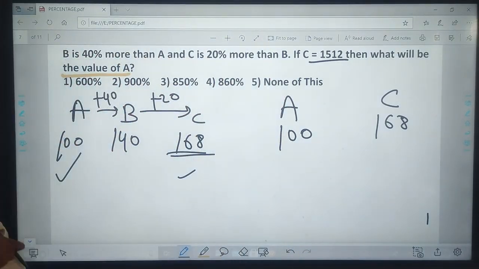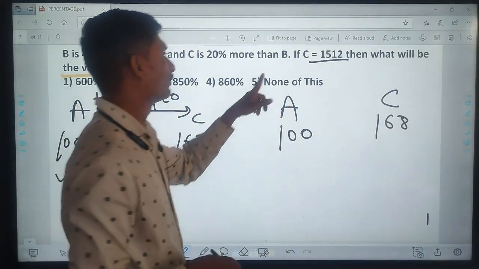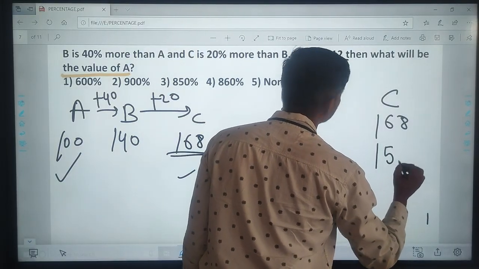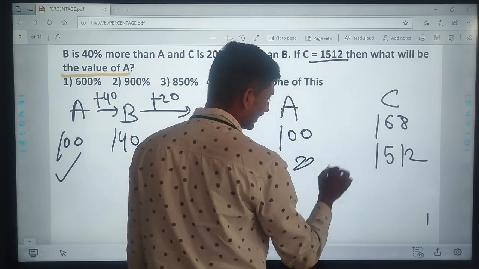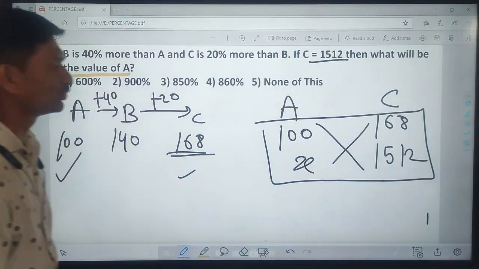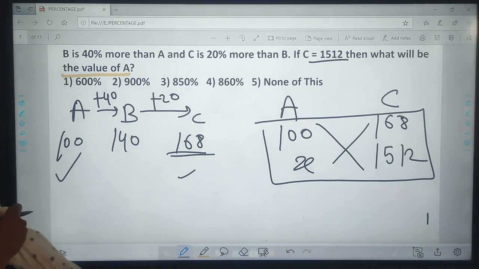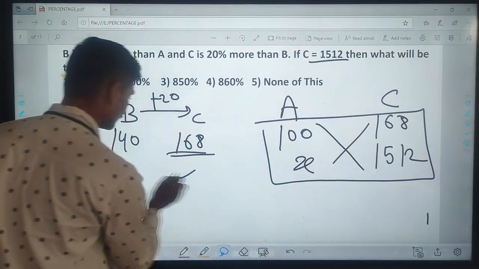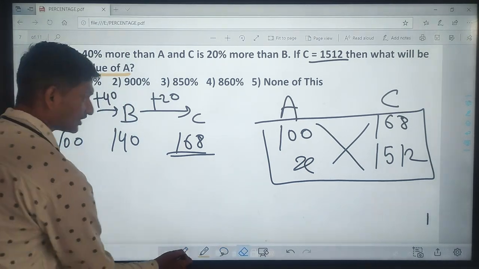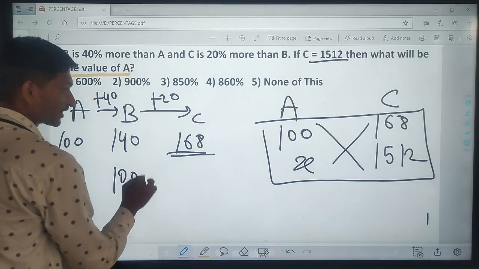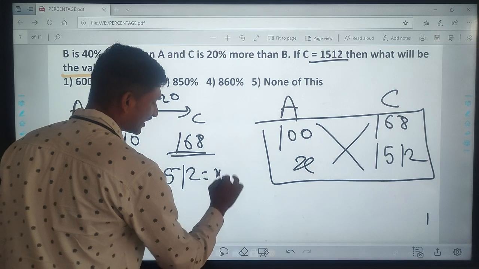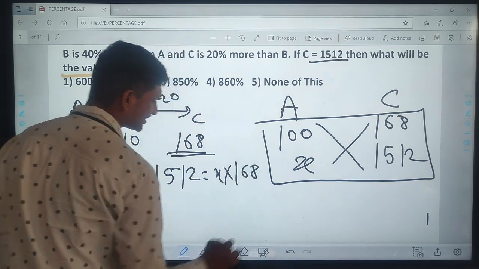Here we are given that C is 1512. Then find A. We take cross multiplication of these two and come to the answer. Now here 100 into 100, 1512 is equal to x into 168.